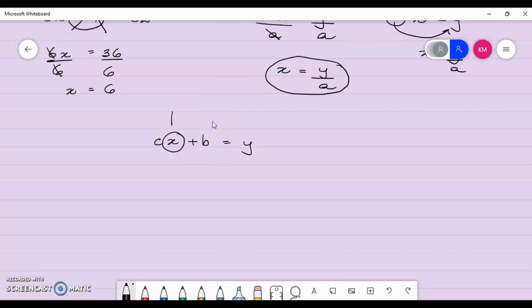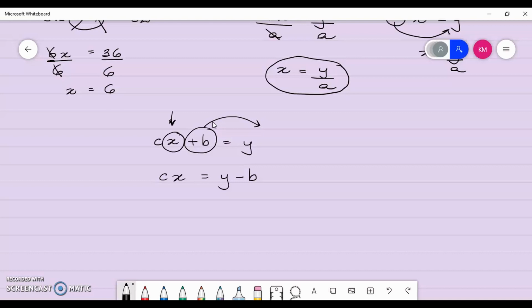So if I start reading from that variable x there, it's going to be cx plus b. So the last thing that you did is add b, so it's going to be the first thing that needs to be removed. In order to remove that, it's going to appear as if we moved positive b across to the other side, and it became cx equals y, take away b.